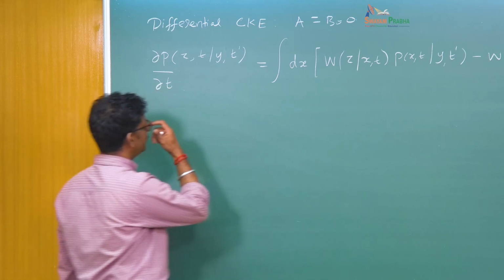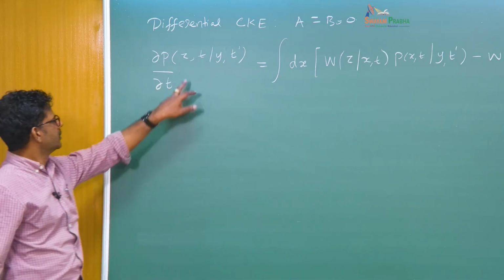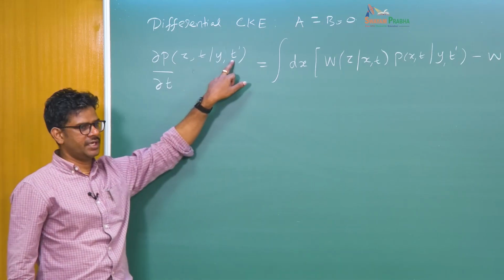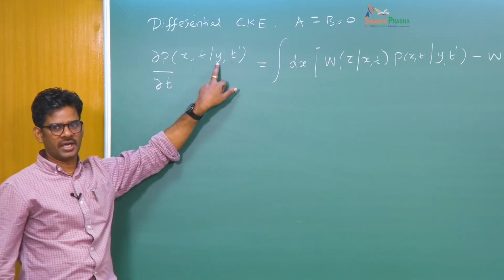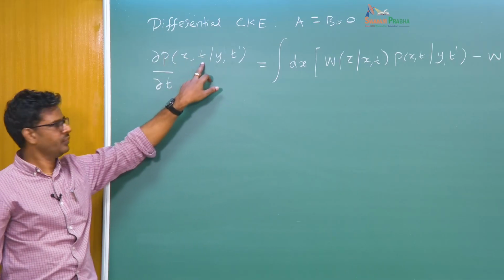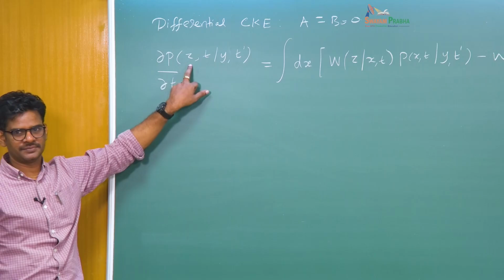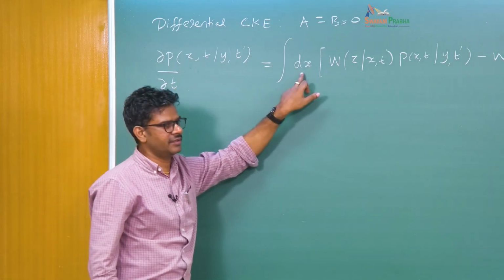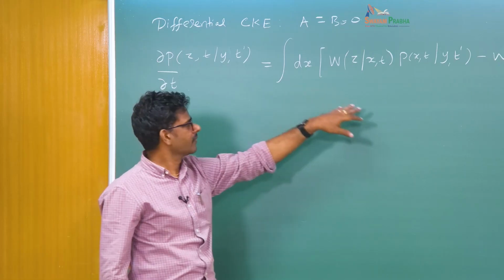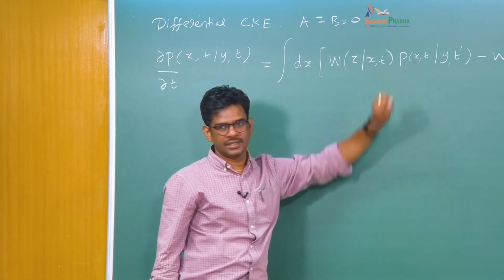So here what we have is the rate of change of the transition probability, given that at time t prime the state is y, what is the likelihood that at the later time t, it will reach a state z. That is given by an integral over many possible intermediates x.